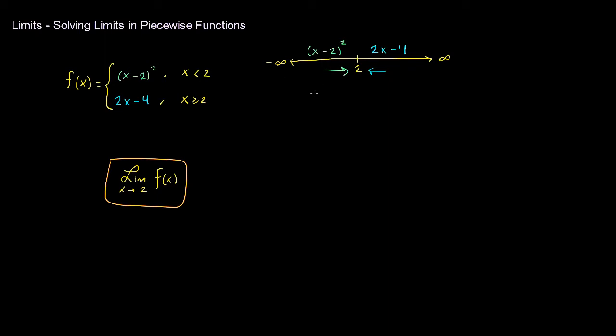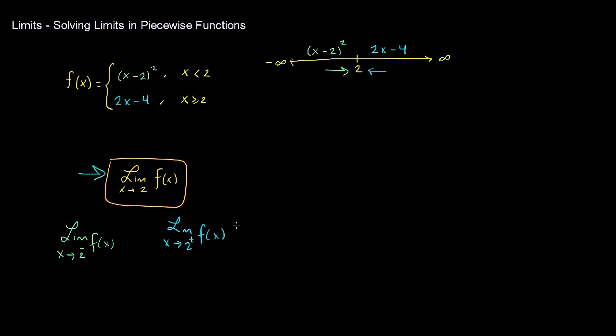Basically, that is to say, we have to split this limit of f of x when x approaches 2 in two pieces. So we have to find the limit when x approaches 2 from the left, and we have to calculate as well the limit when x approaches 2 from the right of f of x. Now if they get to the same value, then we could say that the limit exists here.